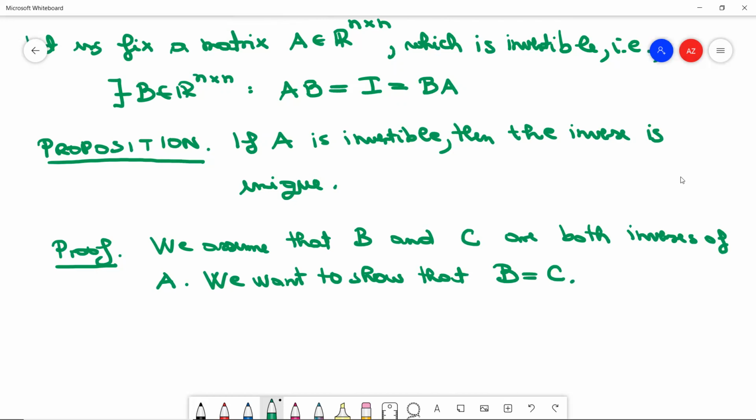And the only thing which we can use is these two equations. This is the only thing which we know.